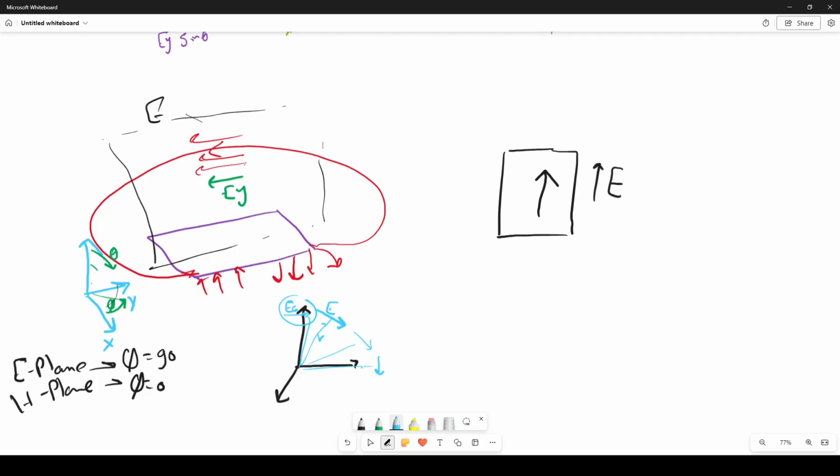At theta equal 90, it is basically Ez. So I'm expecting, at phi equal 90, that E is maximum at theta equals 0 and minimum at theta equals 90. This is good. This is x, this is y.